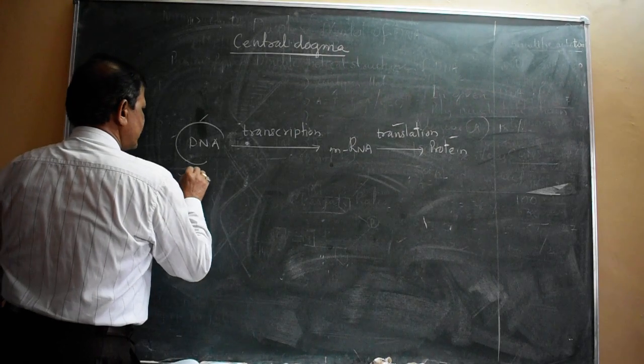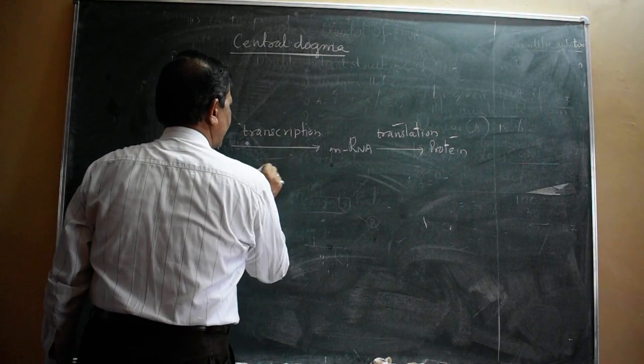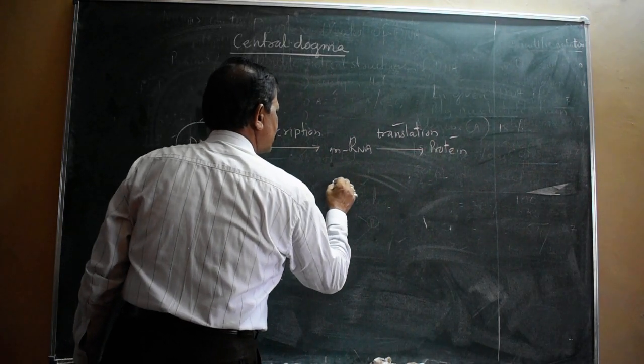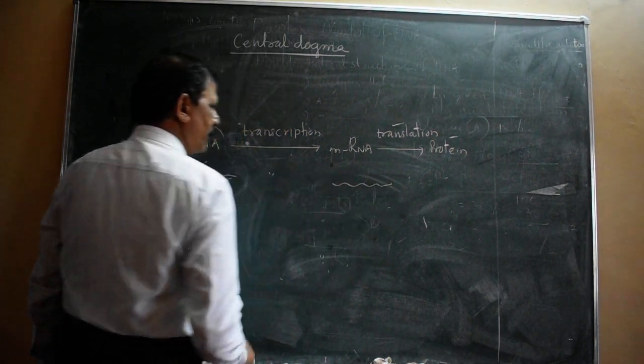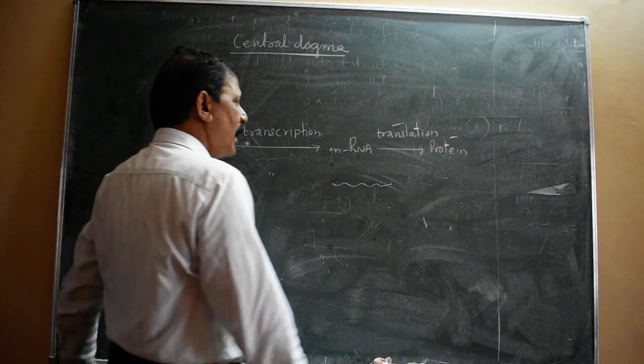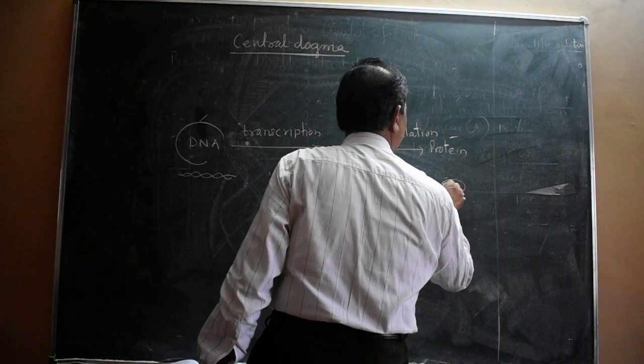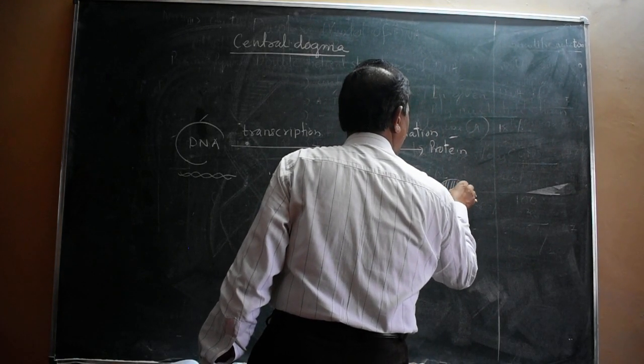Students, see, this is DNA, and when this DNA undergoes transcription, it is converted into mRNA. Means the double stranded structure is converted into a single stranded structure, and this single stranded structure, when undergoing translation, is converted into the protein molecule.